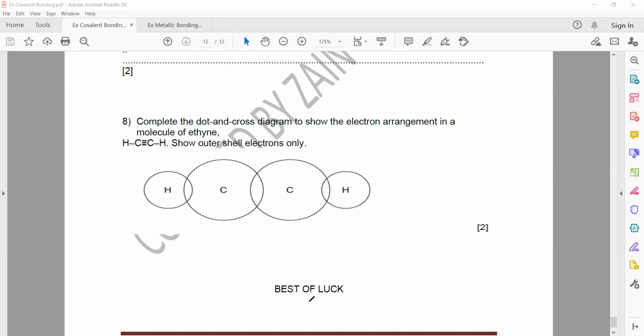Then the third type of bonding is metallic bonding. This metallic bonding exists within the atoms of metals.